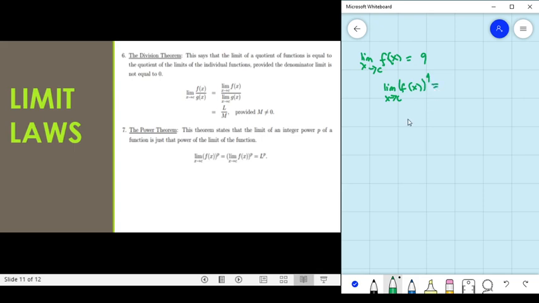So it should be 9 to the power of 4, which is similar to multiplying 9 times 9 times 9 times 9.